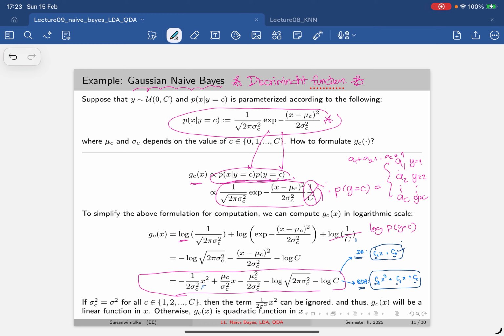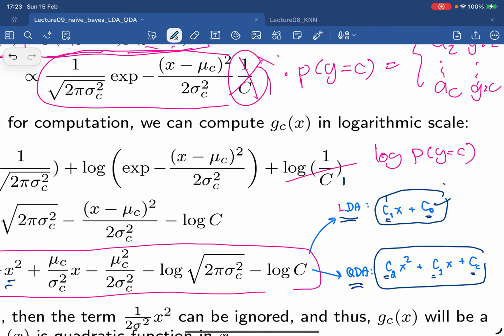Okay. The most important thing about this Gaussian naive Bayes is that it's a foundation that becomes the derivation of LDA and QDA. And this could be your final exam, maybe.